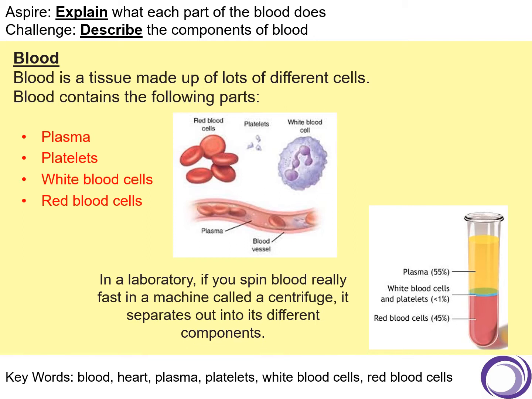And this is a machine that spins blood really fast and it can separate it out into all its individual components. And if you look at the diagram of the test tube on the right hand side, you will see that the majority of the blood is made up of the plasma, which is a straw-coloured liquid, and the red blood cells.